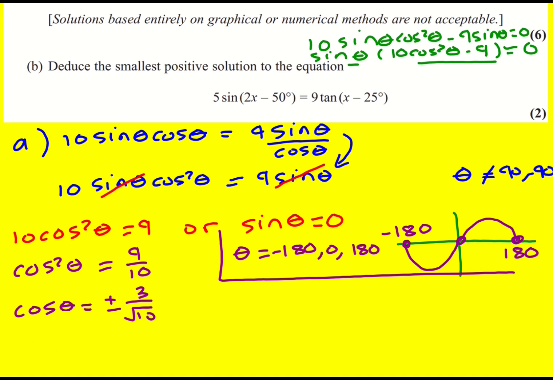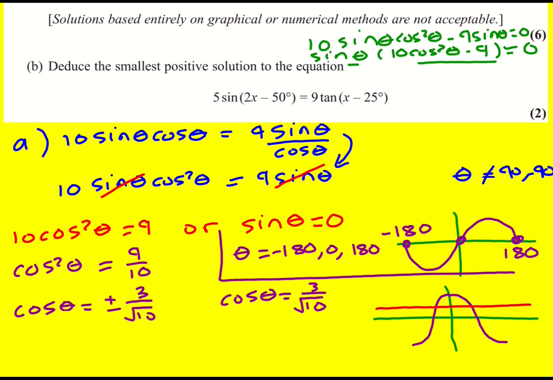I'll deal with them one at a time. So cos theta is 3 over root 10. Let's draw the cos graph now. Okay, and first up, I'm looking at these positive values here. 3 over root 10.